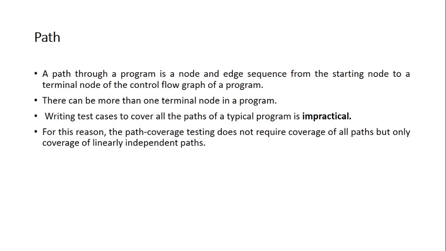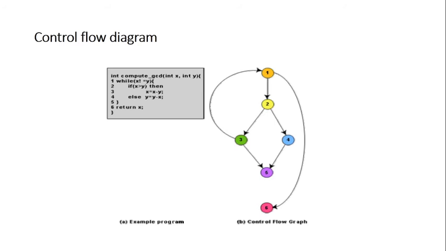Now what is a path? Understand with this. A path is a route by which you can reach the destination node from the source node. It can be 1 to 6 directly, it can be 1, 2, 4, 5, 3, 1 and 6, 1, 2, 4, 5, right? So a number of paths are possible, in fact infinite paths.